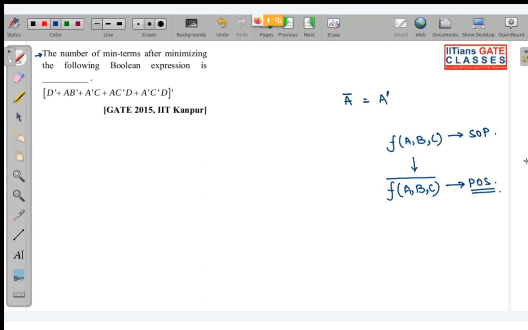Did we understand the concept or not? Solve very quickly. Basically they are asking for the minterms that remain after minimizing the following expression.